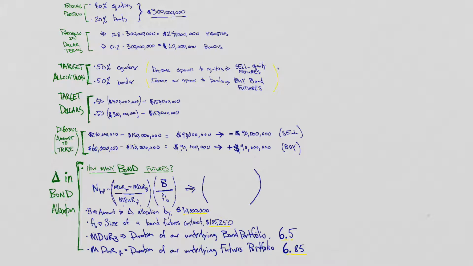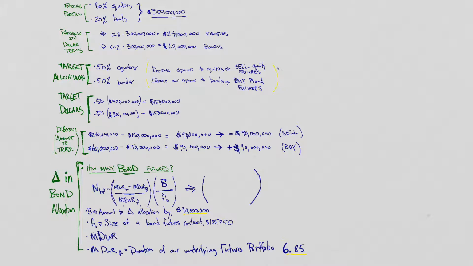So what we need to do instead is look at it like this. The modified duration of this bond portfolio, think of it as we're starting from zero. We're trying to scale up our bond exposure to a specific target amount. And so it's like we're trying to get, not that we have 6.5, that's almost actually just what we want to achieve.